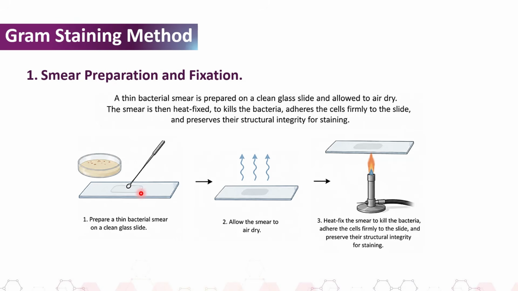The heat fixing is to kill the bacteria and also to make the cells adhere firmly to the slide, and also to preserve the bacterial structural integrity for the gram staining process.